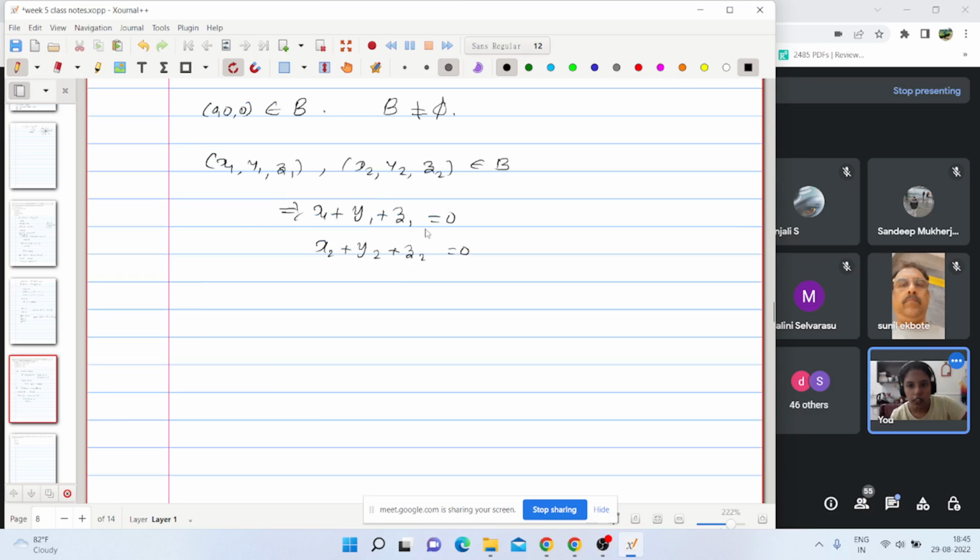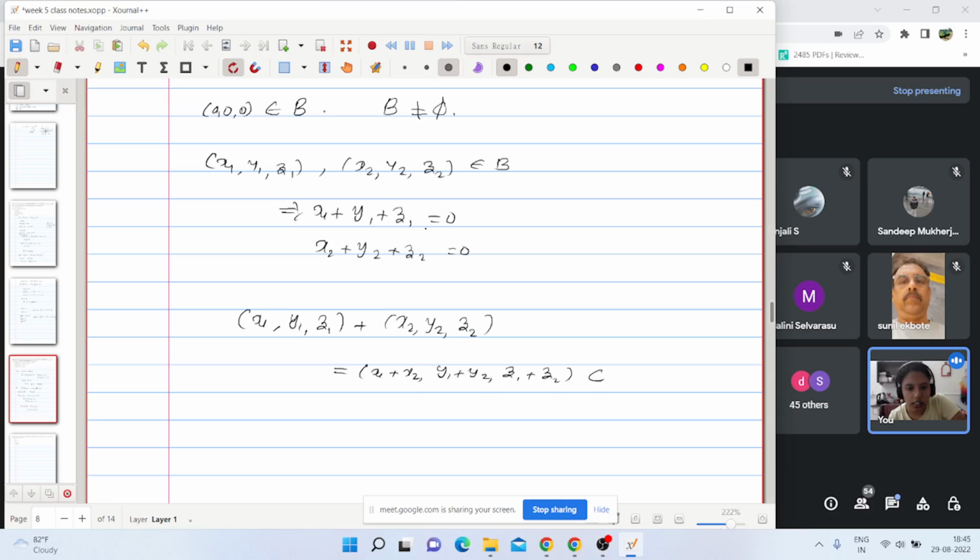Now what we need to check is whether this sum belongs to B or not. x1 y1 z1 plus x2 y2 z2 is x1 plus x2, y1 plus y2, z1 plus z2. Okay, does this belong to B or not?